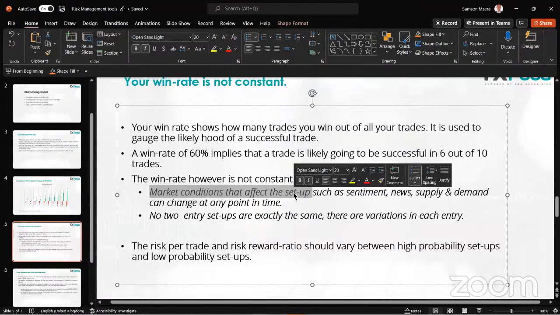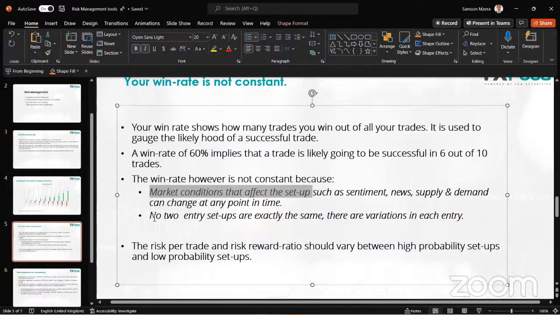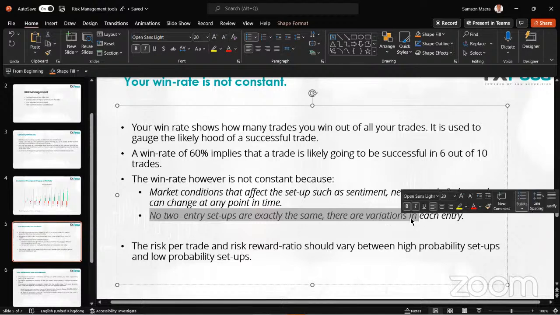There can be news coming out, a shift in sentiment, or changes in supply and demand. Each trade you get into is generally not going to be the same as the previous trade, so your win rate is never going to be constant.